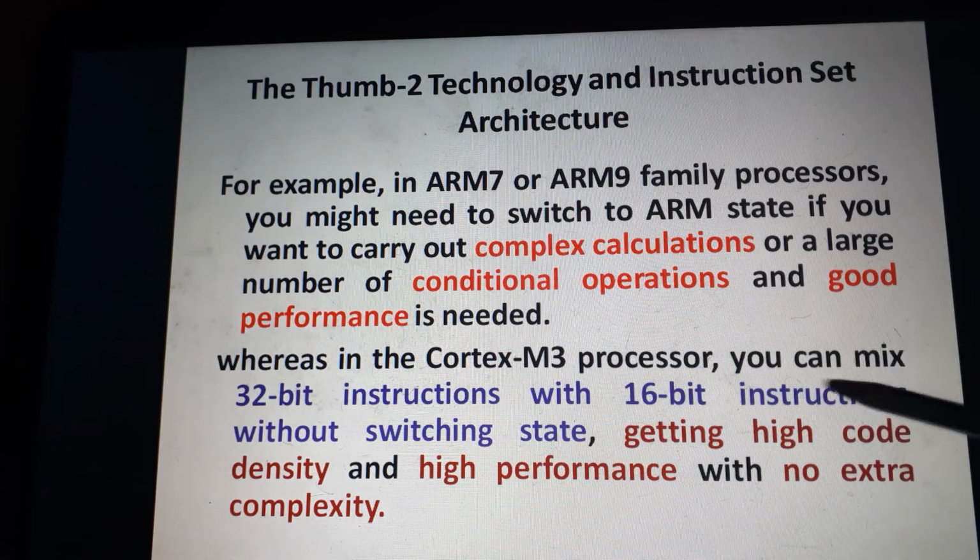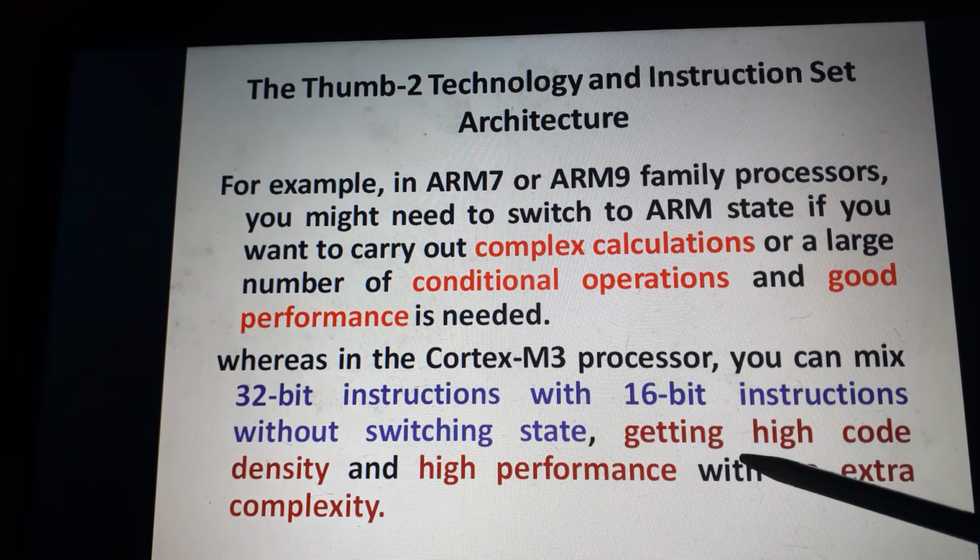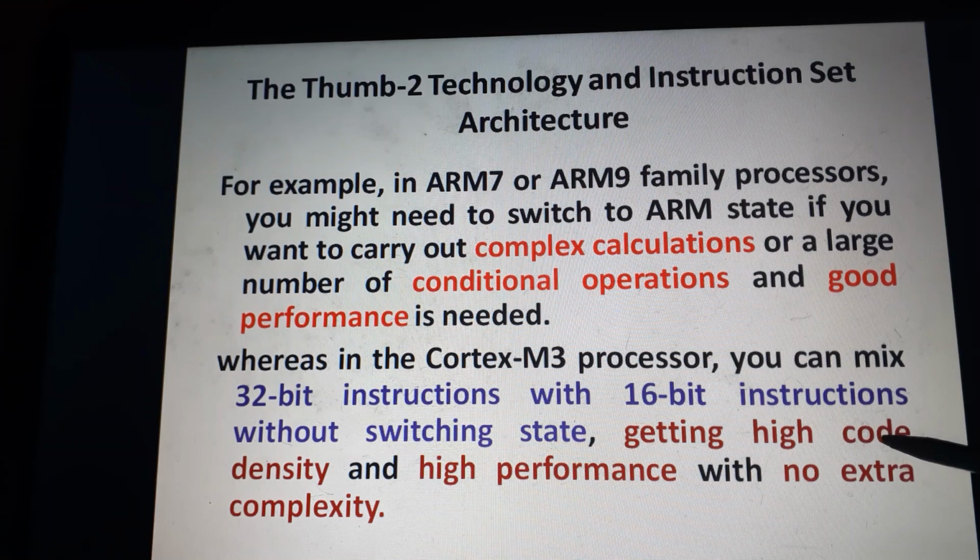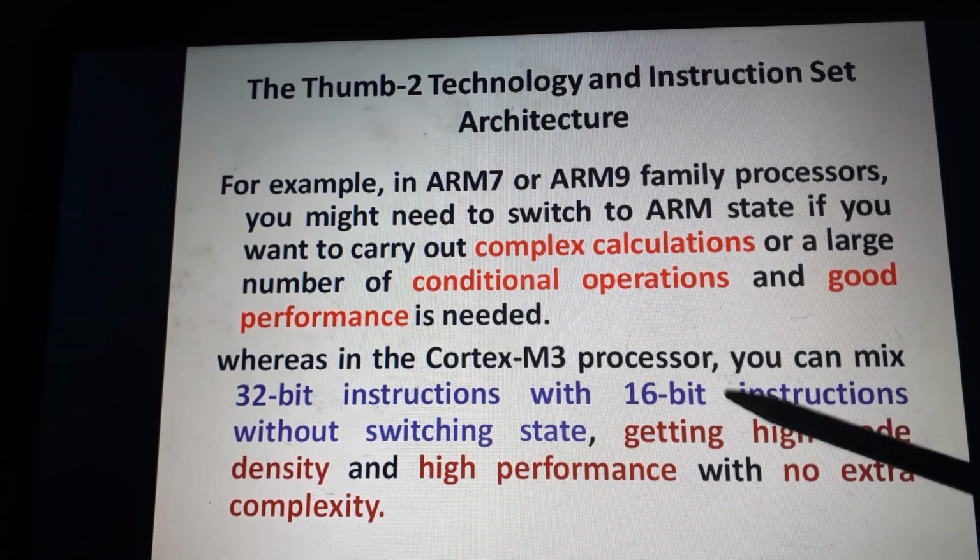Getting high code density. Why? Because most of the Thumb instructions are 16-bit, so a program built using the Thumb instruction set usually takes less memory. That's the reason for high code density. Code density means using less memory we can perform more jobs. And high performance.